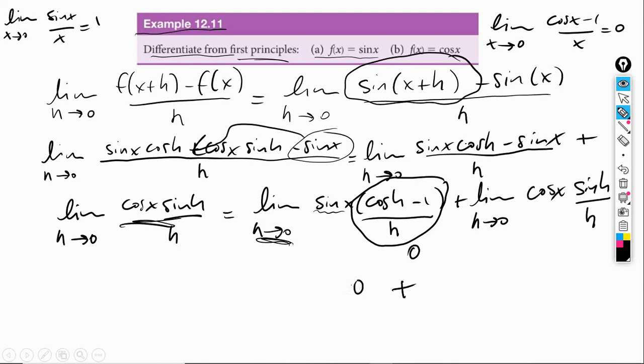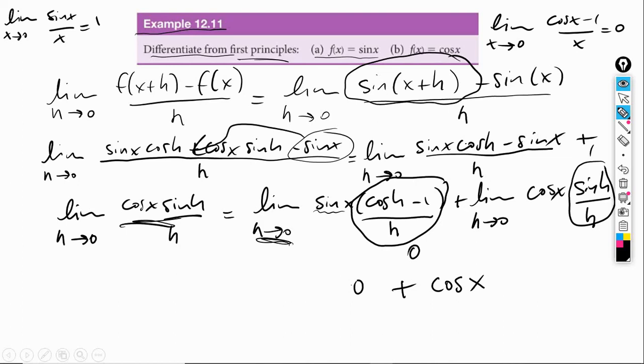So we have 0 plus, and let's look at this other side. Remember that sine of x over x is 1 when x tends to 0. Here we have the same situation, but with h. So this is equal to 1, and this expression would just be equal to cosine of x times 1, which is cosine of x.